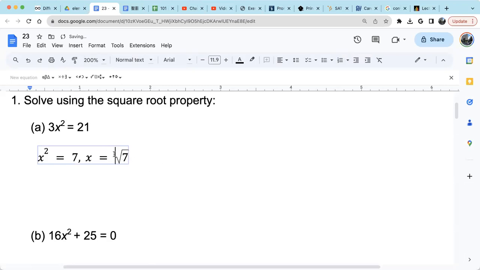One with a positive value, one with a negative value. So I got a plus minus, I can write together as this. So the solution for A is positive and negative square root of 7.